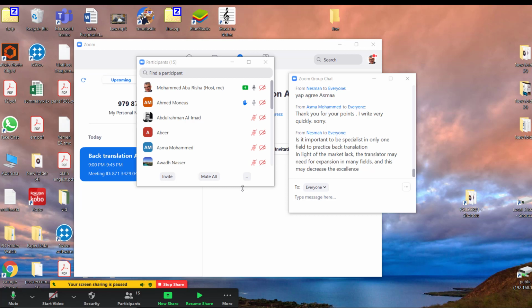So what he's talking about is, unsurprisingly, related to the teaching of translators in the very beginning days. And he says that back translation might be very useful. Ahmed, I'm giving you the floor now just to talk about this issue.